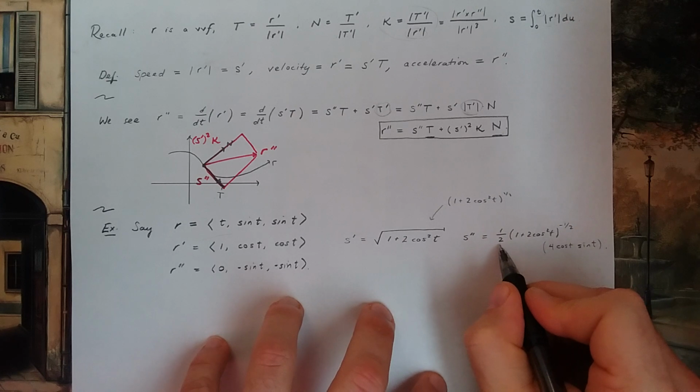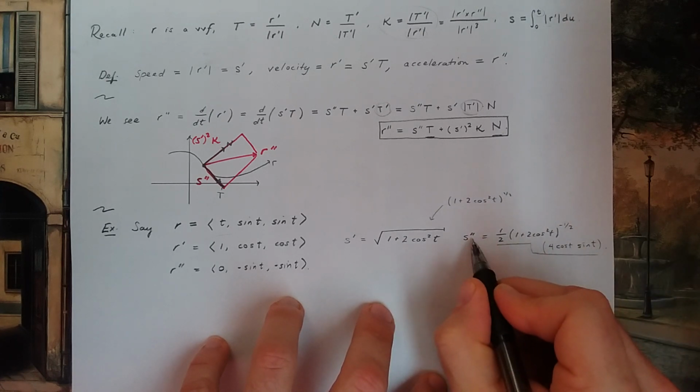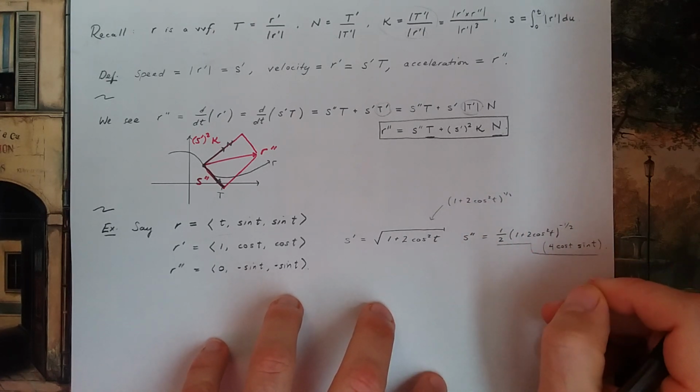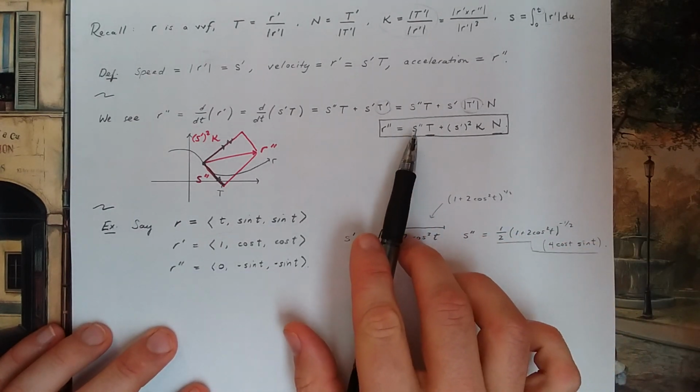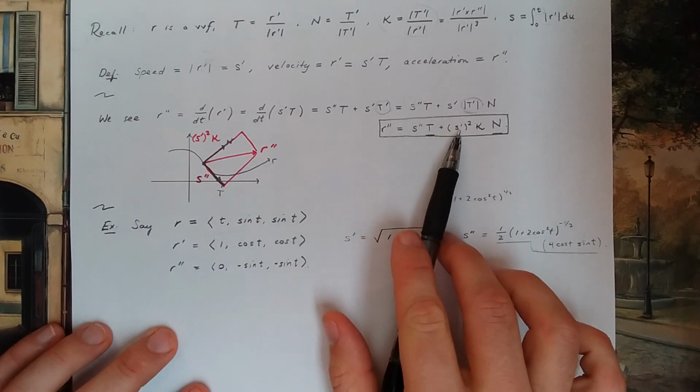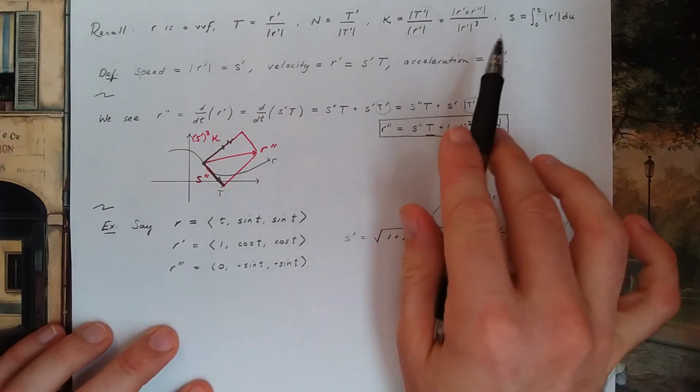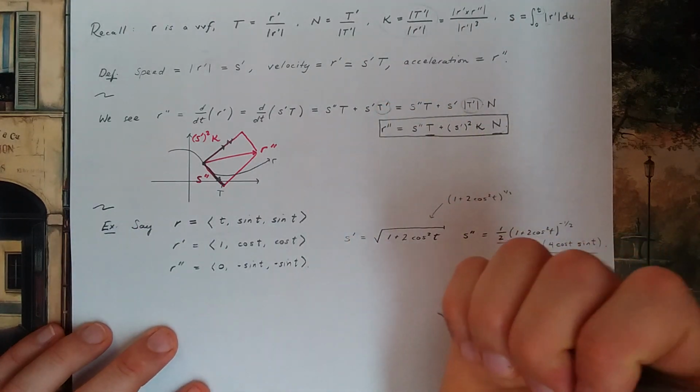So there is my derivative of the speed. So I have the derivative of the speed, I have the speed squared. Lastly, I need the curvature kappa.